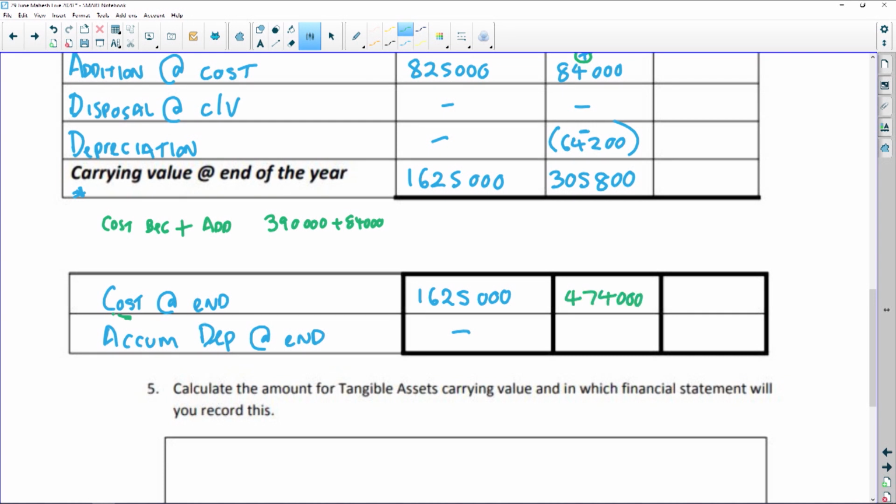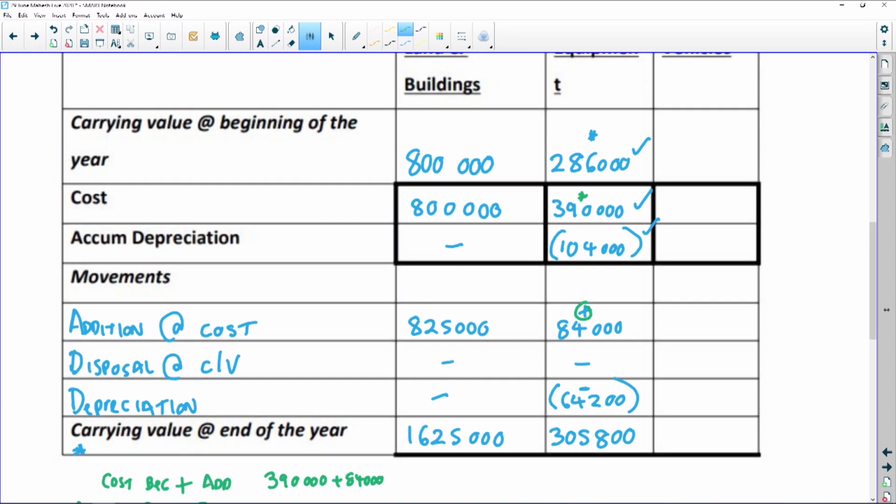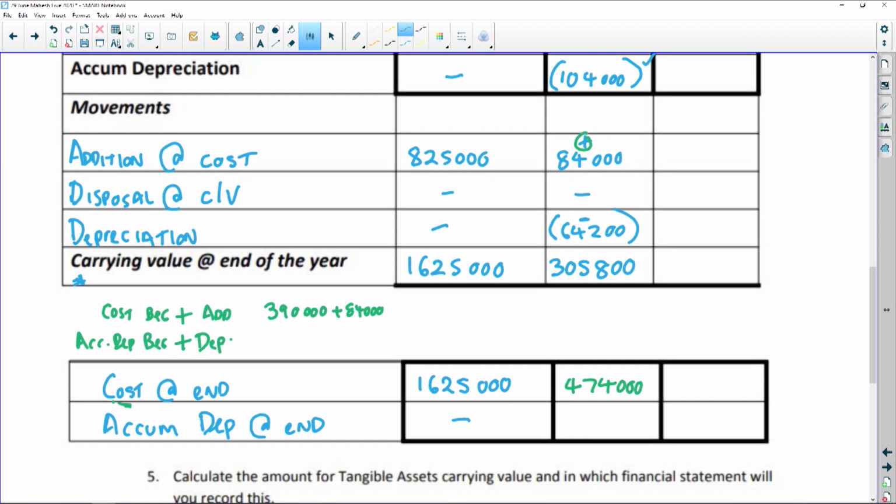Right, then accumulated depreciation at the end of the year. So remember, you're going to start off with accumulated depreciation at the beginning of the year for equipment plus this year's depreciation. My accumulated depreciation at the beginning of the year is 104,000.